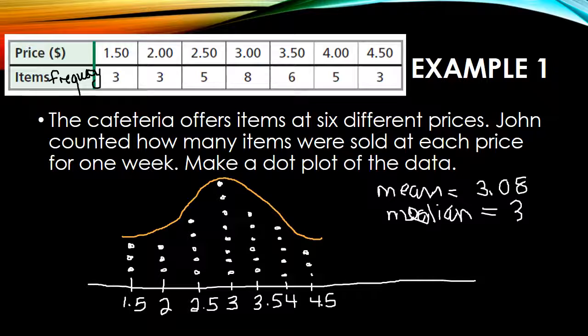That means the dots are distributed evenly from the mean and the median, based on the fact that the mean and the median are here in the middle. They don't have to be exactly the same, but the two sides are very close to each other, which means that this is a symmetrical distribution.